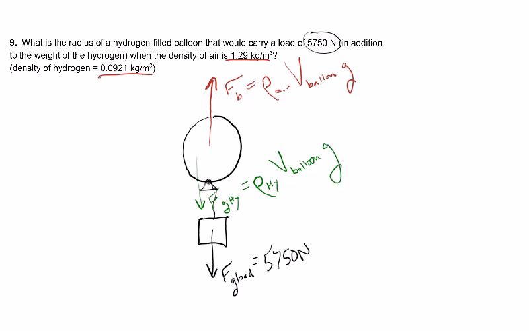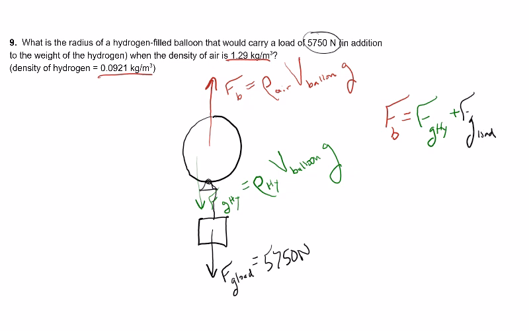Okay, so that's my setup. That's the first thing. Like I said with number 8 and number 7, you have to draw these free body diagrams. Now I can set it up so that the buoyant force equals the weight of the hydrogen plus the weight of the load.